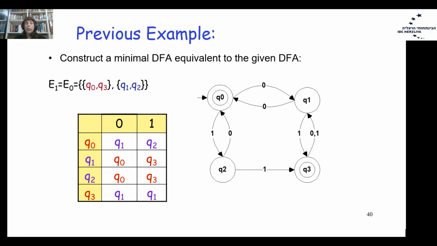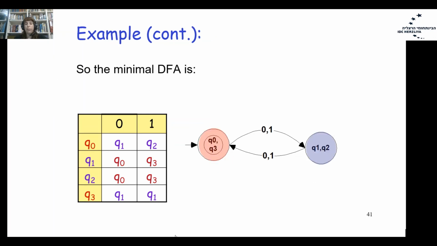Q0, Q3 will be the starting state since we have Q0 in it, and the resulting minimal DFA will look like this. So we have only two states, Q0, Q3 and Q1, Q2, and the language of this automaton is the language that accepts all words over the alphabet 0, 1 with even length.